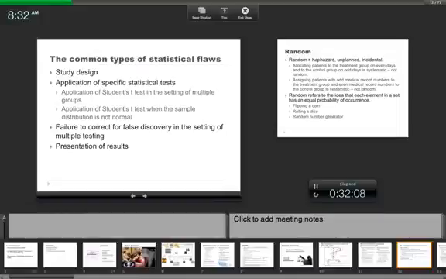And the t-test is designed to compare two groups.